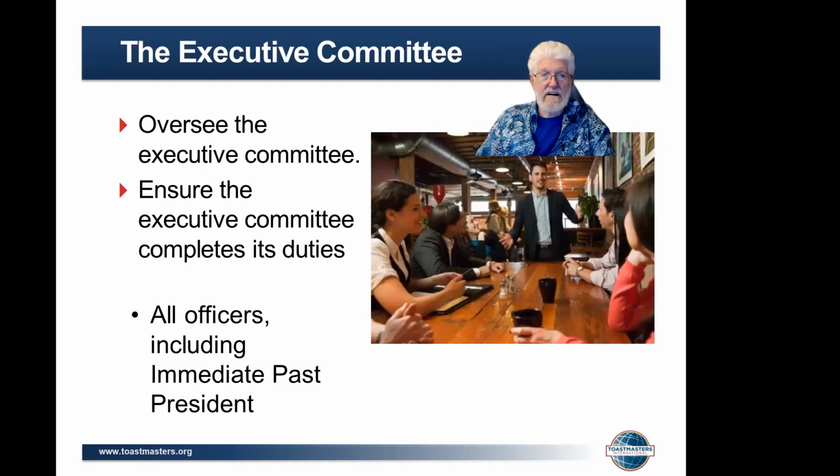So the executive committee. Now you can get approval, but there's certain things that you have to get a vote from the club as a whole. Money matters. And I say, oh yeah, every transaction you've got to go to the club. No, you do a budget, you get approval for the budget, and if the expense is within the budget, then you don't have to go back to the members.